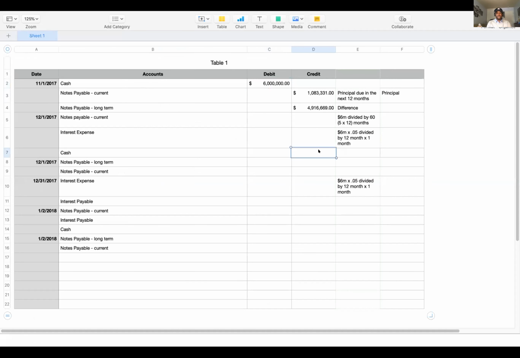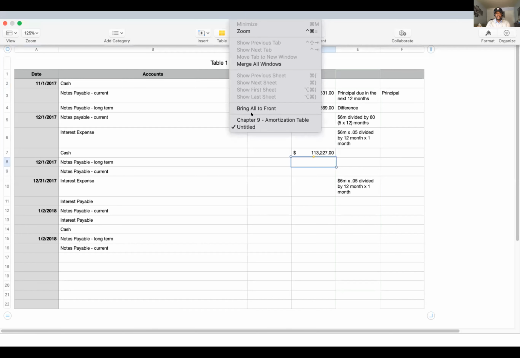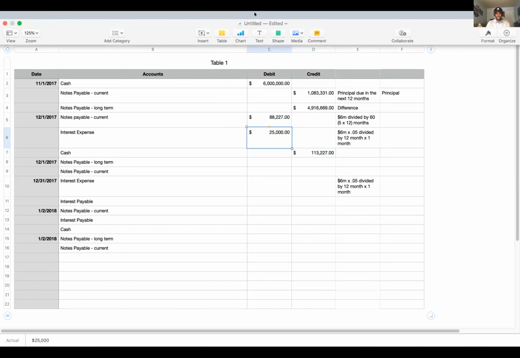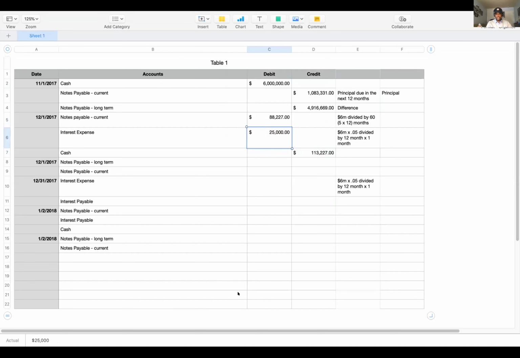So here, we know our cash that we're going to pay is 113,227, right, every month. And I'm just going to flip back. Oh, and then in the first month, our interest expense was 25,000. And so the amount of principal is this minus this. And if you go back to here, it says the same thing.